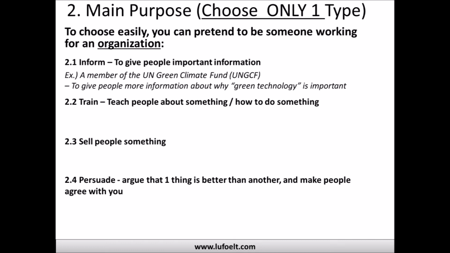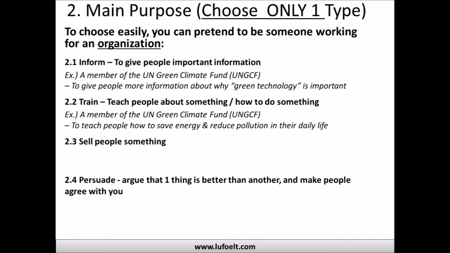All right, let's take a look at another example for the purpose of training people to do something. I could be, again, a member of the UN Green Climate Fund, but this time my purpose is to teach people how to save energy and reduce pollution in their daily life.